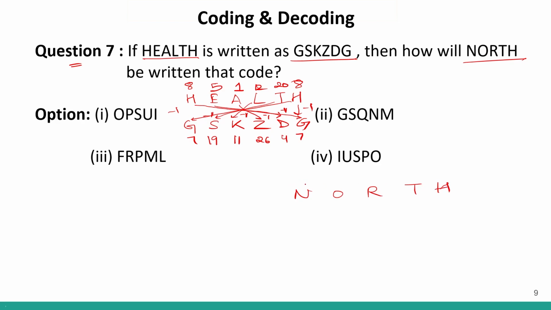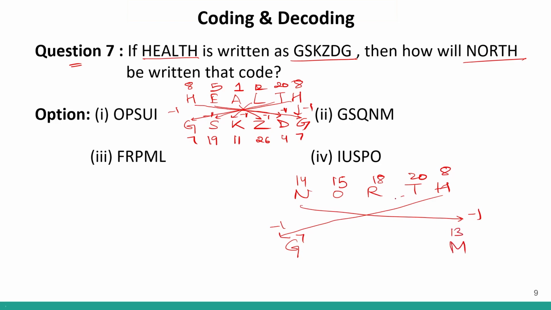This is north. And if I give them forward rank, it will be 14, 15, 18, 20 and 8. Now if I go -1 from H, I'll get G, which is 7. If I go -1 from N, I'll get 13, which is M. Similarly, from T, if I go -1, I'll get 19. At 19, we have S. Correct?